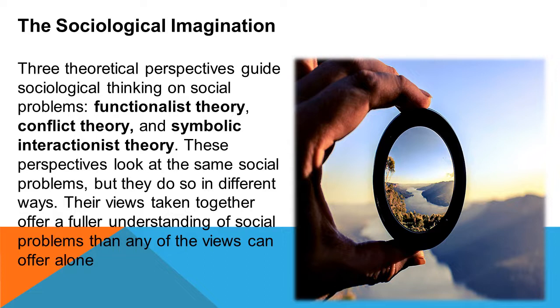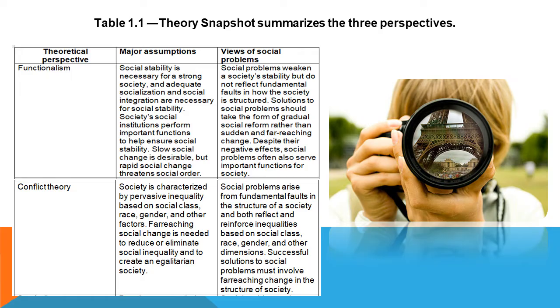These perspectives look at the same social problems, but they do so in different ways. Their views taken together offer a fuller understanding of social problems than any of the views can offer alone. The table shows theory snapshot summaries of the three perspectives.